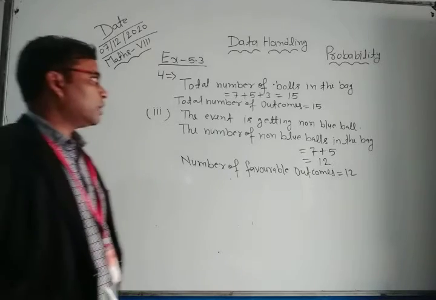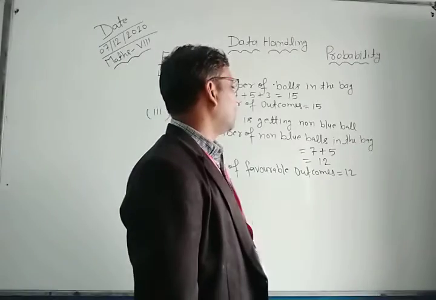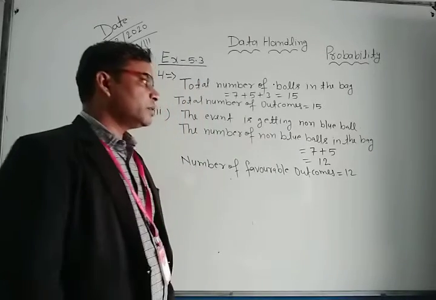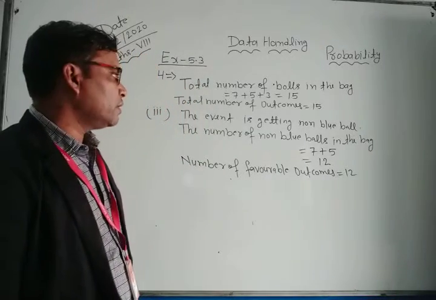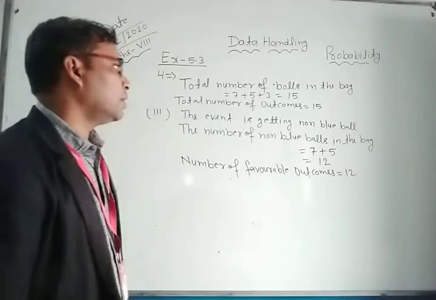So the total number of outcomes is 15, and the number of favorable outcomes is 12. So you need to find here the probability of getting a non-blue ball.